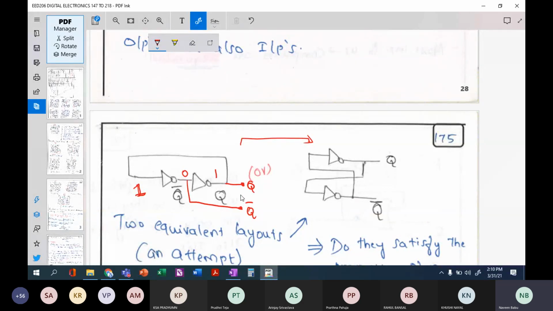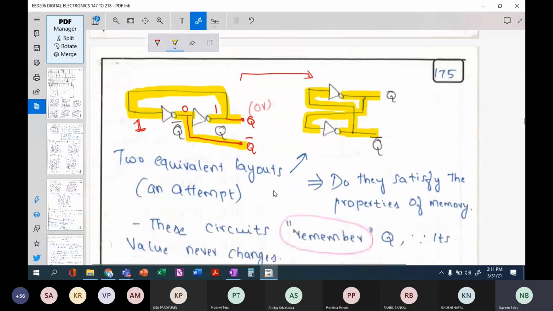One tapping of your Q line has been taken and fed to another input of your inverter circuit. Its output goes directly to Q bar, and its other input goes to the input of your inverter, right? So both the circuits are the same. This is an equivalent circuit.